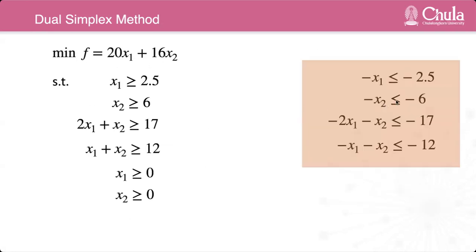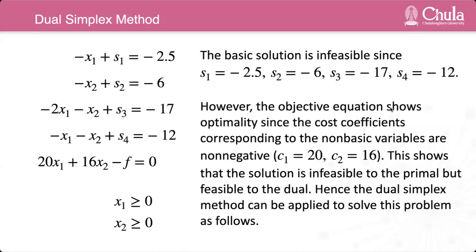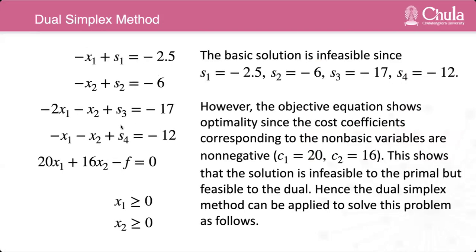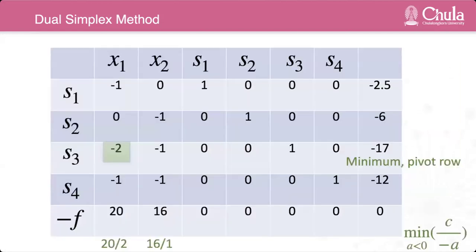The second line also, we add S2, then this becomes equality. And this line, we add S3, and it becomes equality. Okay? And we write all those in this table. It looks similar to what we did before using the simplex method.